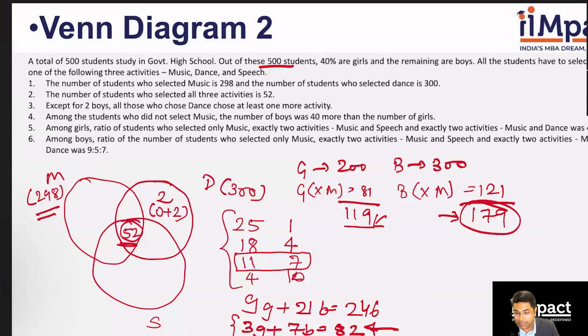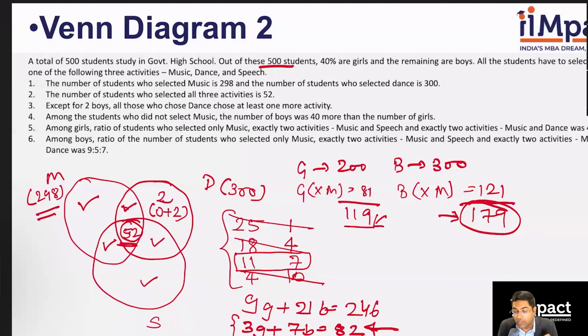Rest everything will be eliminated because from G you will get that these two are not possible and from B you will get that this is not possible, leaving only one combination for you. So I will know the values of this, this and this. Once I know these 3 values, I will know this value and then this value. And that's it. My Venn diagram is complete.